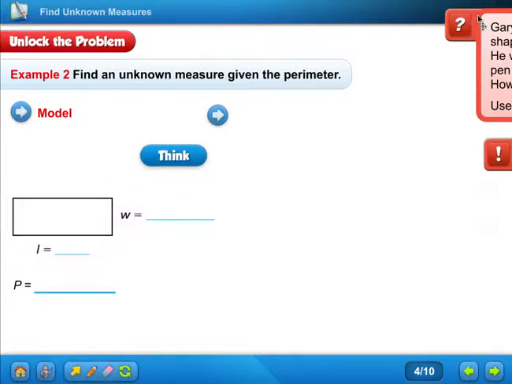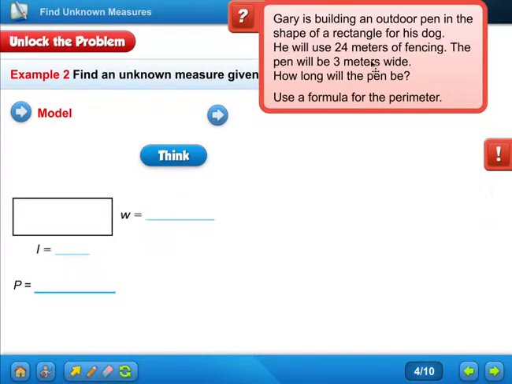All right, let's see if we can fill anything in. He will use 24 meters of fencing. The pen will be 3 meters wide. So we're looking for how long will the pen be? The length, we don't know what that is.